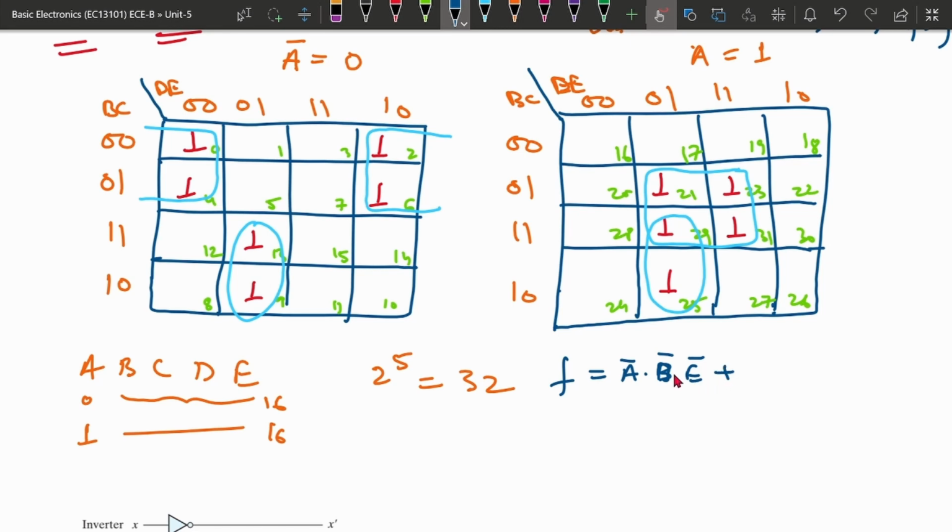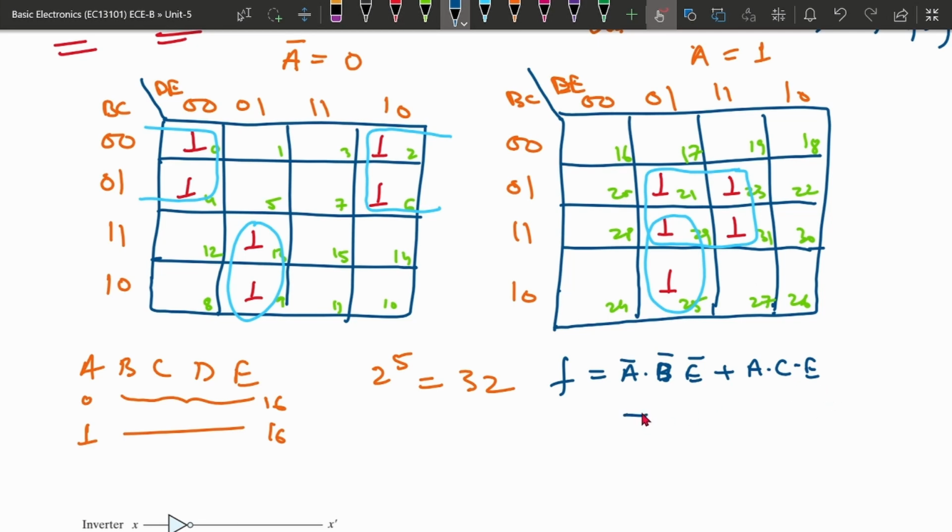Plus, if we consider this quad, here common is C. So it is defined for A into C. It is A into C. Multiplied by these two common. In between these two common, that is E. E is common.